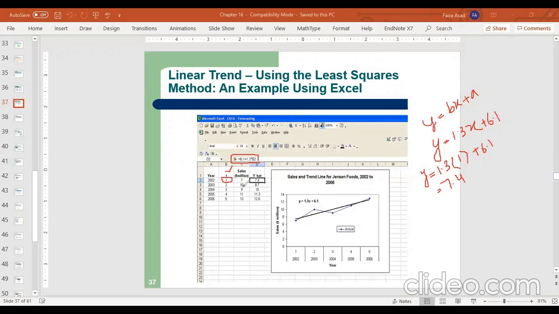So you will put the values one by one for each year and get the value for y hat. We will continue this procedure until x is 5. So this is the procedure for calculating y hat.